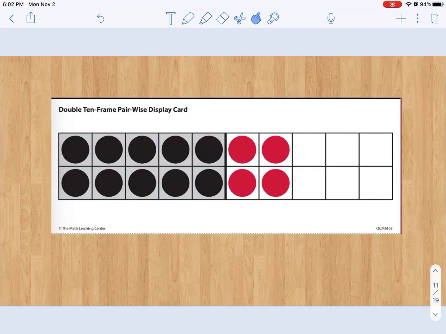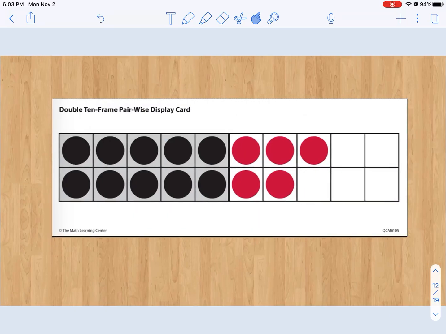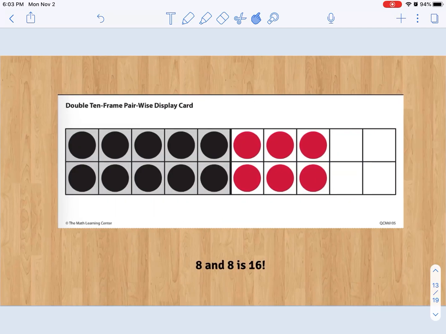Type or record yourself reading the next few cards. Now read with me again.